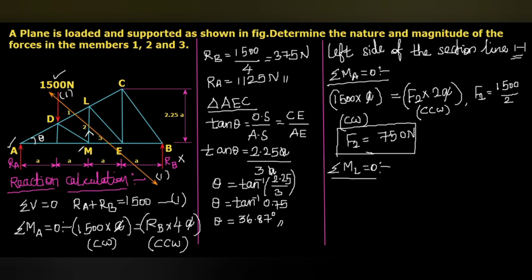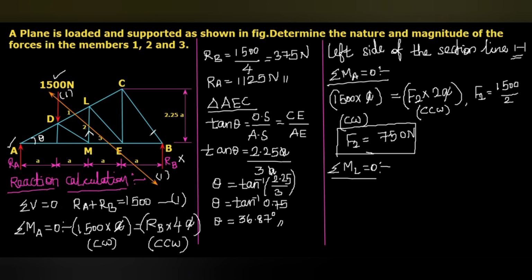The remaining 3 we have to calculate. And here you can see this ME, as I mentioned earlier, it may act towards the right side or left side, whatever. From the point L, this LM will be the perpendicular distance. This will be the direction of the force, but the LM will be the distance. So first we have to calculate LM.